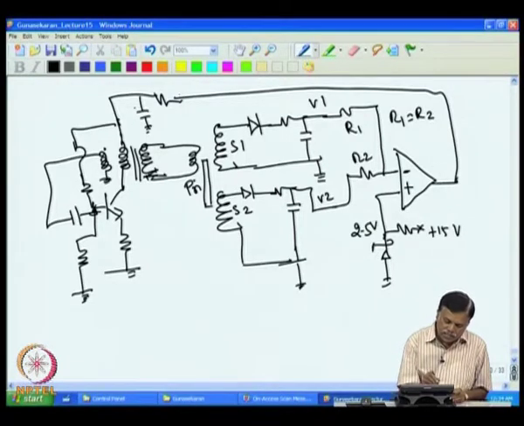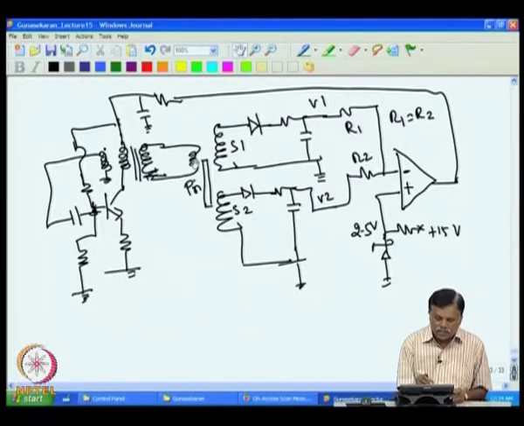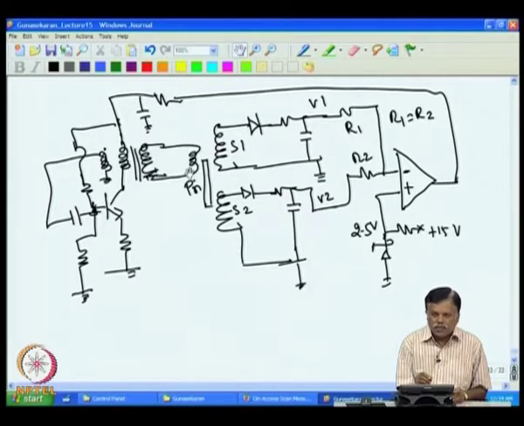When the output decreases, the voltage at this point will decrease, and the amplitude of the oscillation that is coming here also will decrease, and the same voltage is applied to the primary of the transformer. So, the excitation voltage of the LVDT primary also decreases.